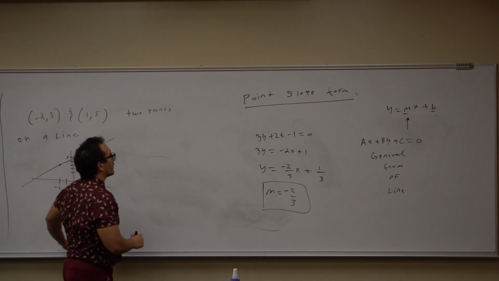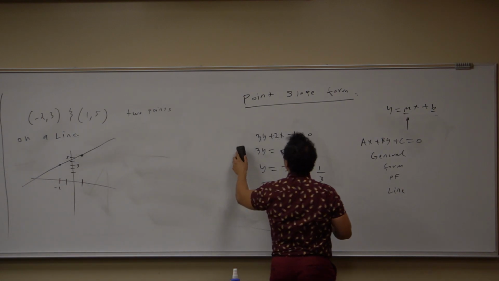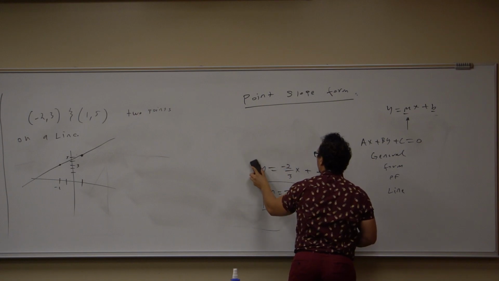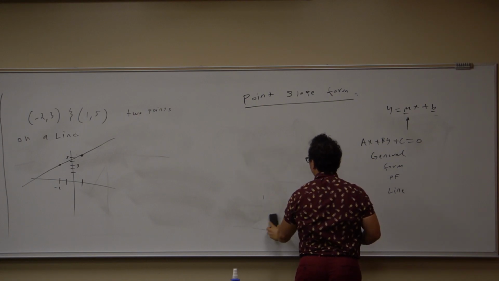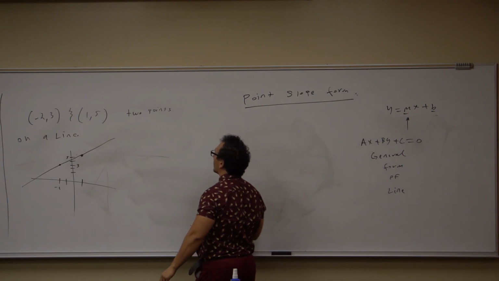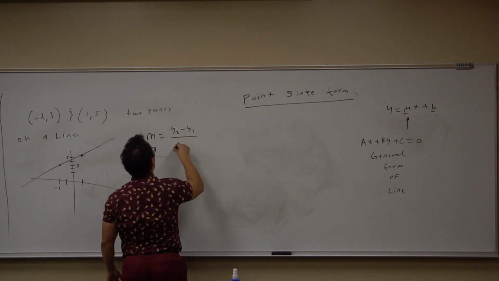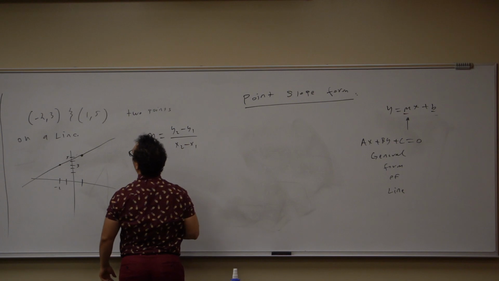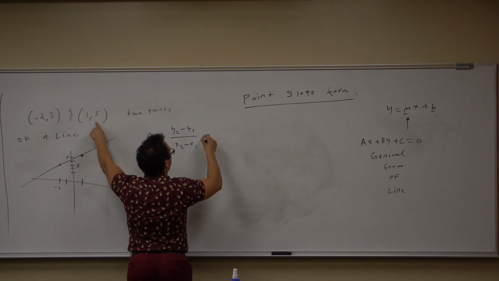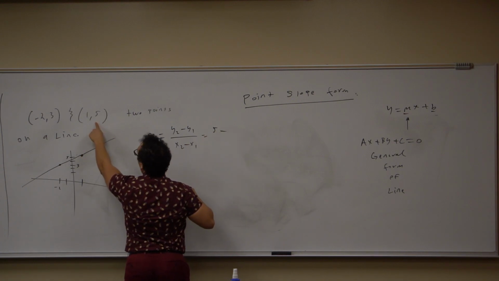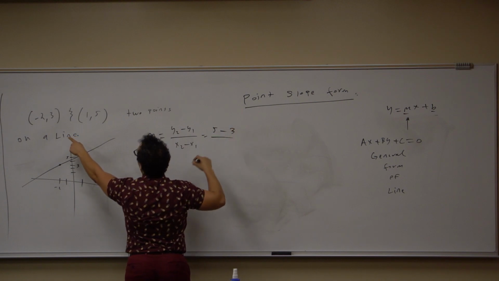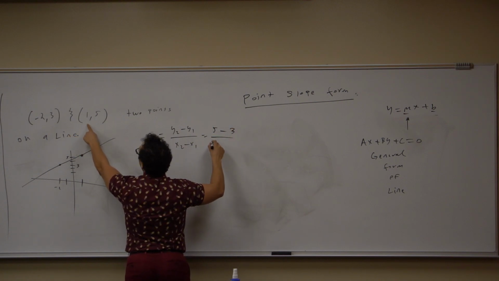We can do so very simply. First thing we do is we can find the slope of the line by using the slope formula. M, which is slope, is equal to y2 minus y1 divided by x2 minus x1. Our y2 is 5. Our y1 is 3. Our x2 is 1.